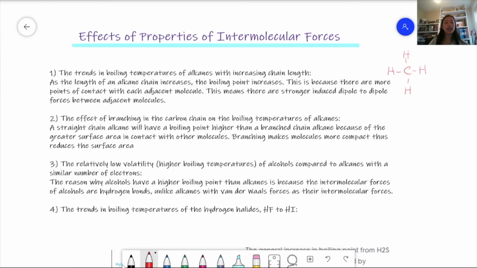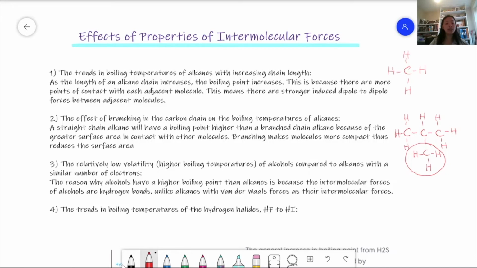So we have an alkane here. An example of a branched alkane would look like this. So this would be the branch of this alkane. A straight chain alkane will have a higher boiling point than a branched chain alkane. This is because of the greater surface area in contact with other molecules, because branching makes molecules more compact, and this reduces the surface area.